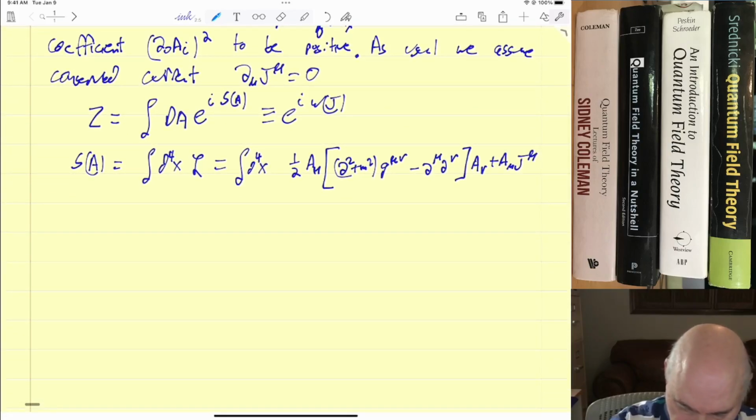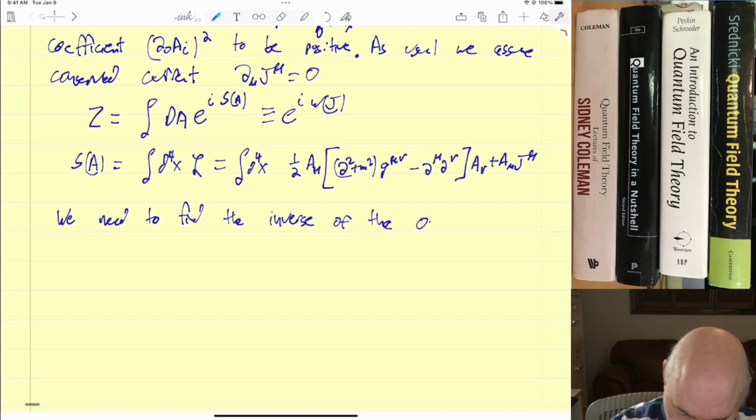Now, to evaluate this path integral, using our usual Gaussian formula for integrals of quadratics, we need to find the inverse of the operator, this thing over here in square brackets.